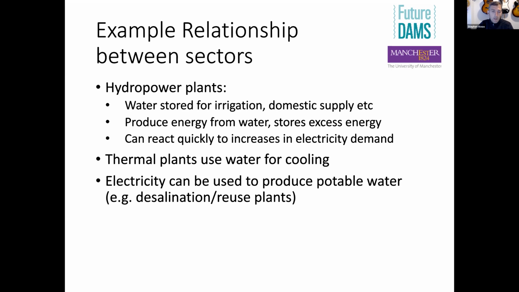Thermal plants in an energy system use water for cooling, so they have a demand from thermal plants, and they have this feedback mechanism into the water system. And then obviously electricity can be used to produce potable water. So there's a very clear interdependency between the energy system and the water system.